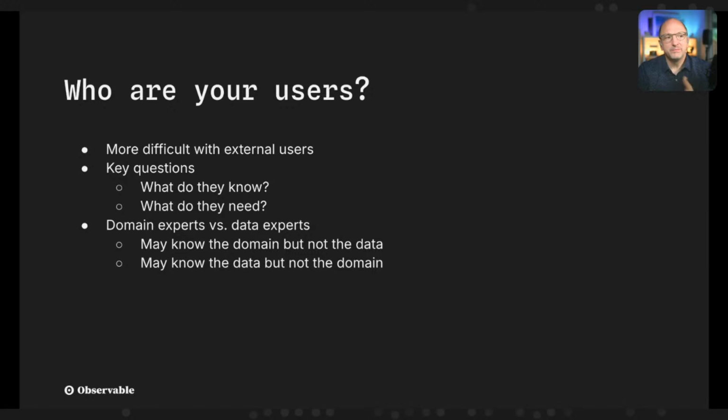But they also might be the other way around. There are people who know data really well, but don't know the domain as much. And so you want to figure out who are those people, what's their focus, and what can that tell you about what you want to build for them. And they may know both. I mean, obviously, this is very often the case. Very often you're dealing with people who know the data just as well as the domain.